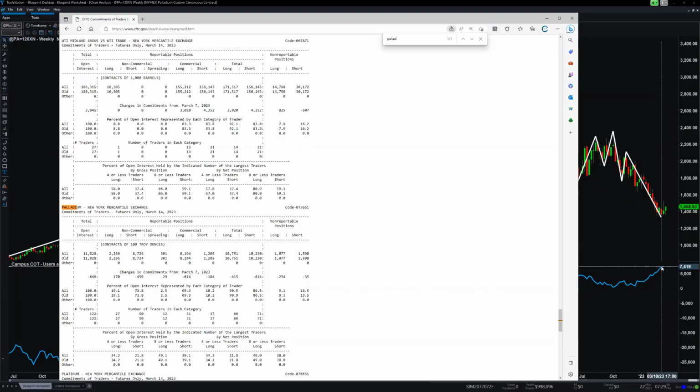So that must have been the prior week, right? How would we check if that's the prior week? We could simply check by looking at the changes in the commitments from March 7th. Here we can see the changes of the commitments of those traders. They reduced their longs by 614 contracts and they reduced their shorts by 184 contracts.